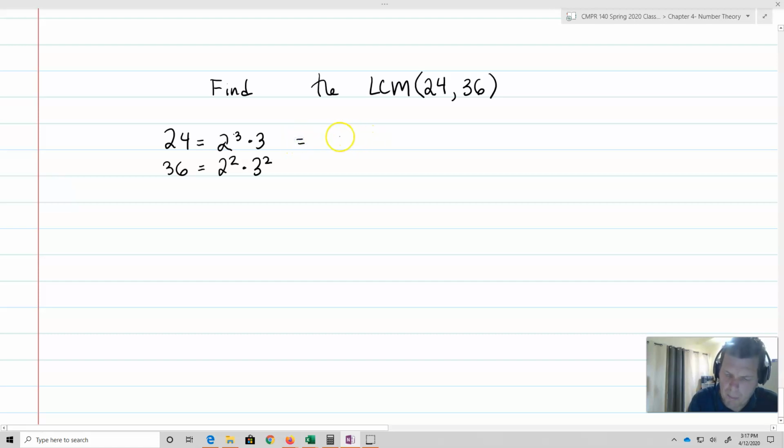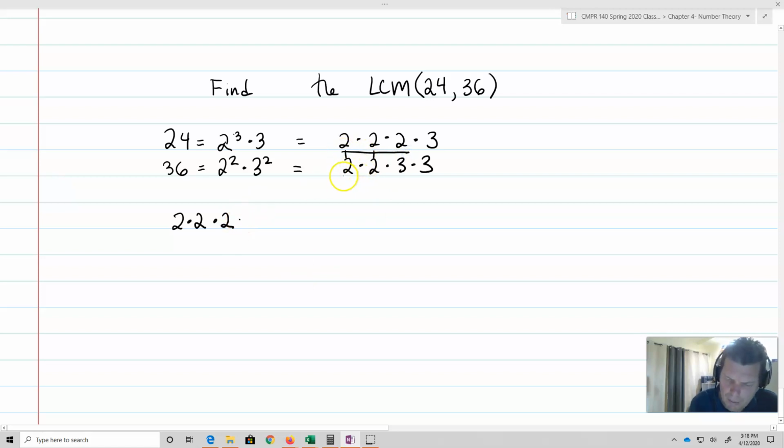Let's look at what they are when we separate them out: 2 times 2 times 2 times 3, and then 2 times 2 times 3 times 3. Both of them share two 2's, so I know I'm going to have that 2 times 2, and then that third 2. So that's the first three factors of 24.